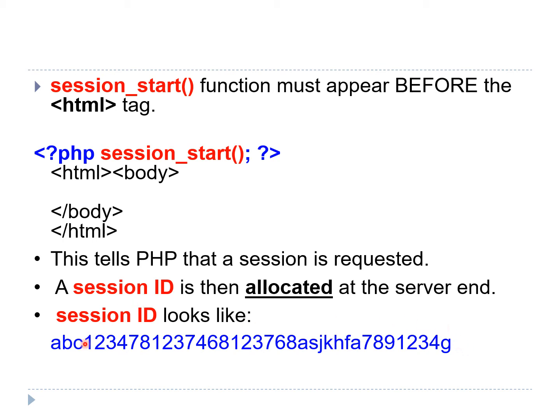This data is stored in a cookie file, or it can be passed in the URL, and on the server side it will be stored in a file called sess_ followed by the session ID. If you want to access this session ID, you have to use $_SESSION. That is a global variable which is related to the session.